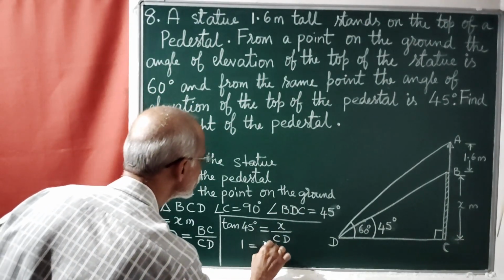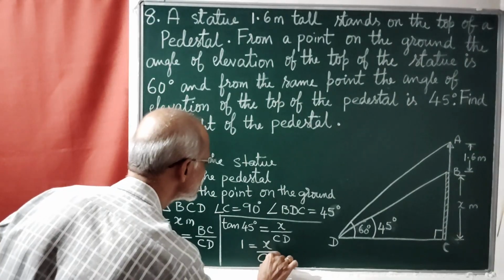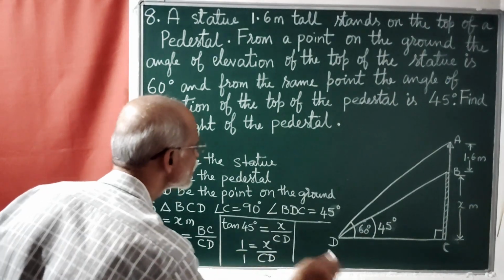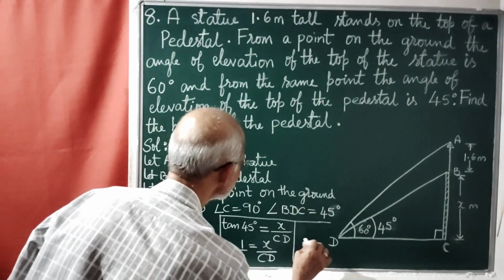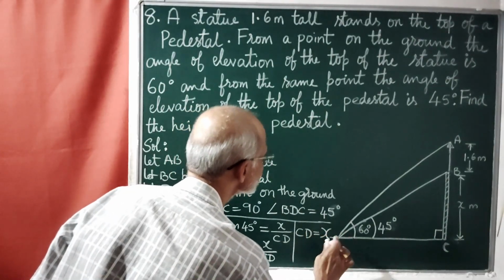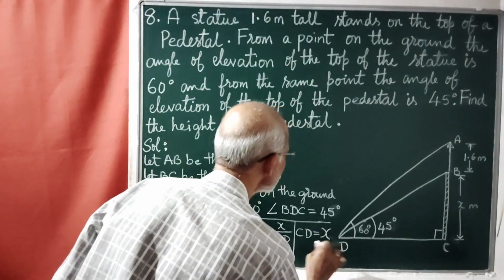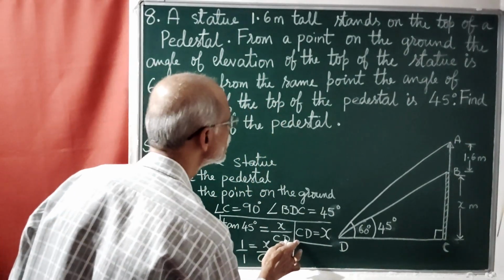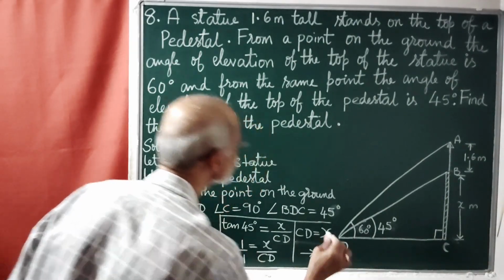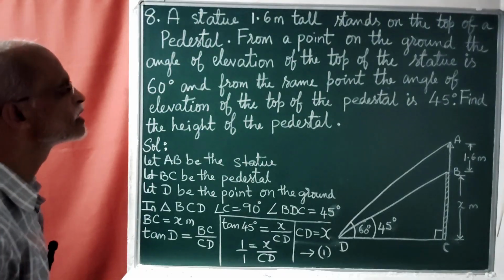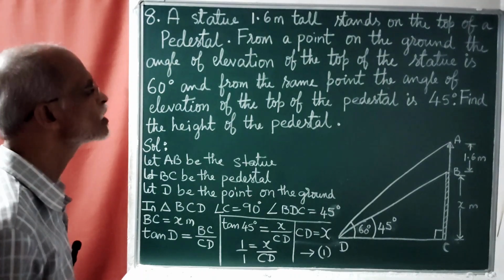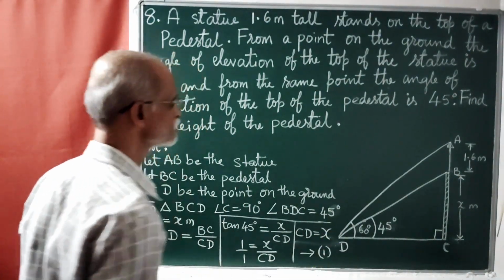So 1 is equal to x by CD. If you cross multiply, you will get CD is equal to x. Let this be equation 1. So from this small triangle, we have found that CD is equal to x.